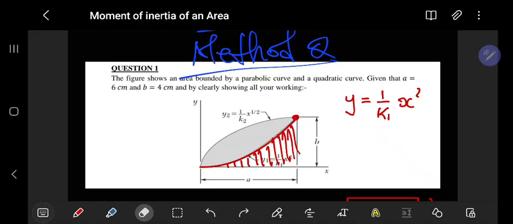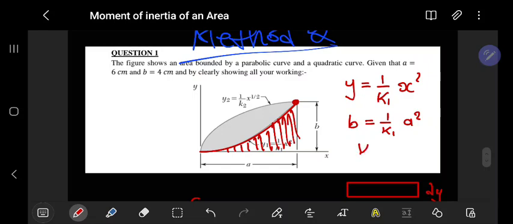Okay, so for this part as well, we will need what k1 is. So let's see what k1 is. When x is a and y is b, we have b is equal to 1 over k1, and then this is a squared. So we see that k1 will be equal to a squared over b. Why do we need that?